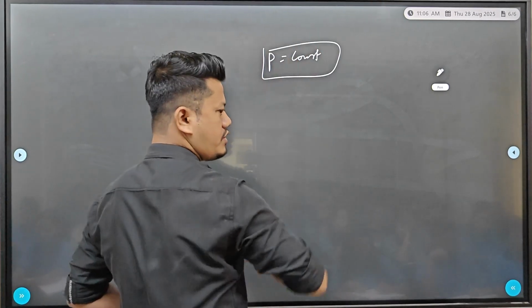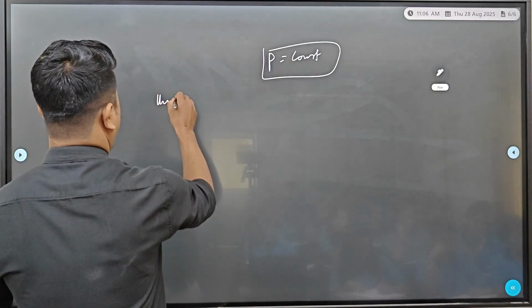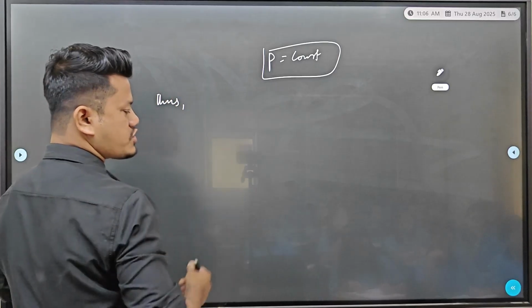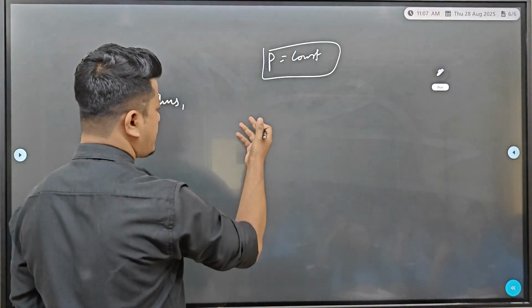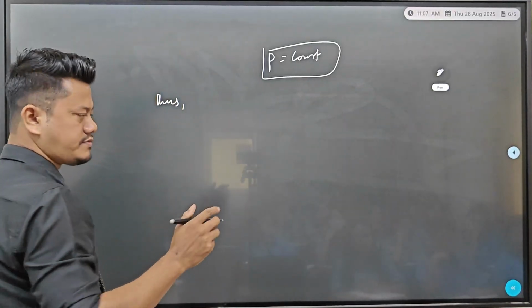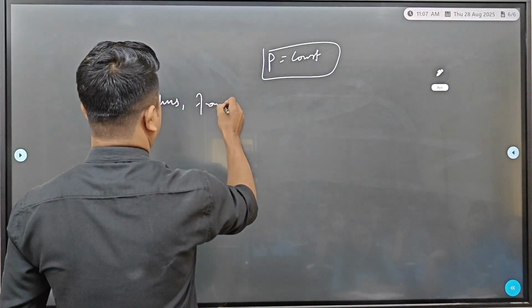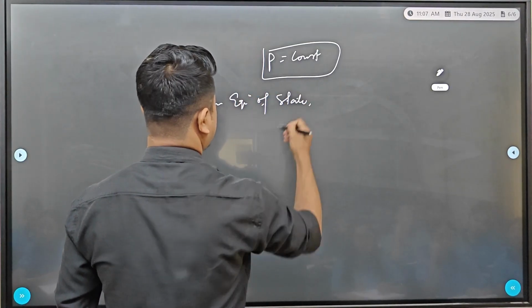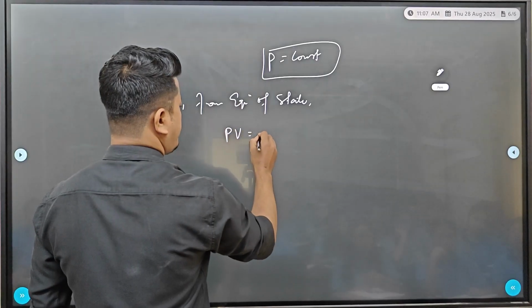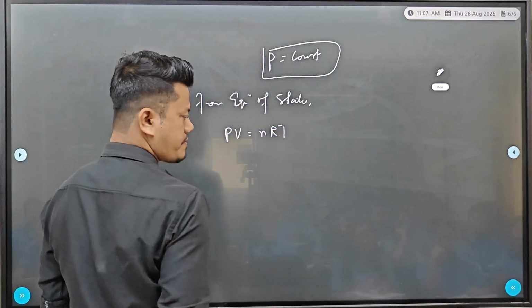Thus, how to find out the equation of isobaric process now? From equation of state only. Every equation can be calculated from the equation of state. What was the equation of state? PV equal to nRT.